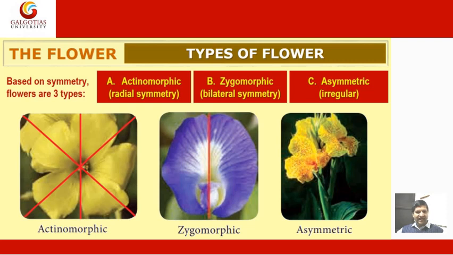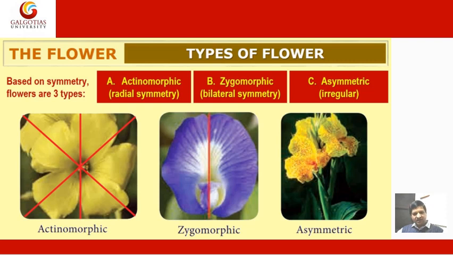Types of flower based on symmetry: how we prepare the symmetry, you will see the red color lining. Based on the symmetry, flowers are of three types.